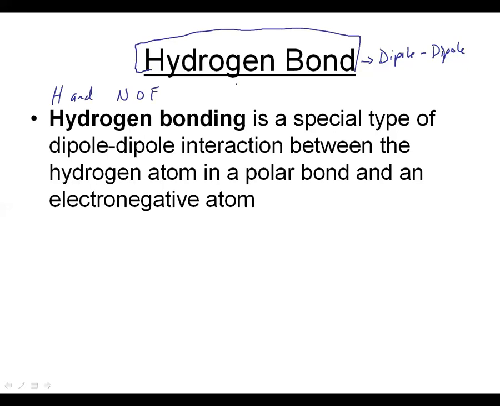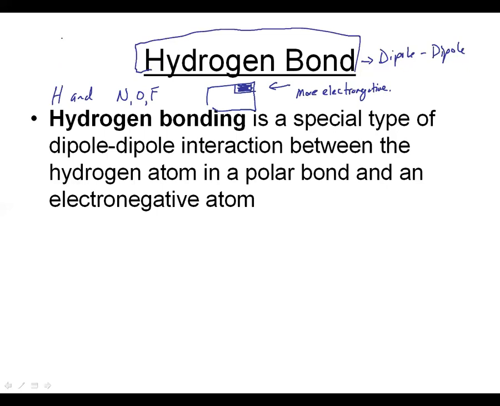If you look on the periodic table, that is right about in this region, the upper right of the periodic table. And what we know about the upper right is that it is more electronegative, right? Those are very, very electronegative atoms, with fluorine being our most electronegative.